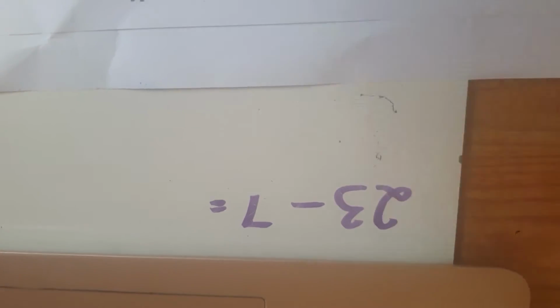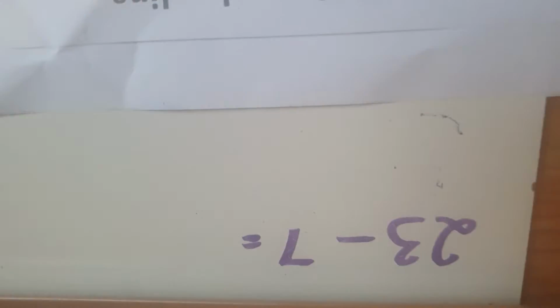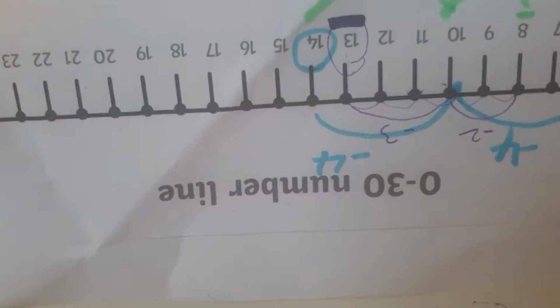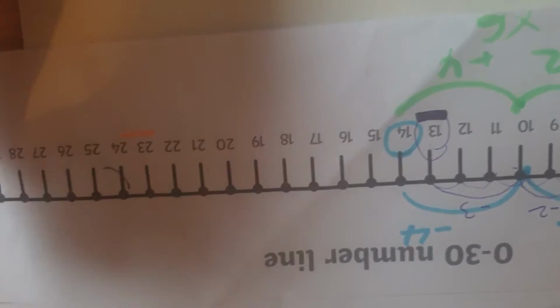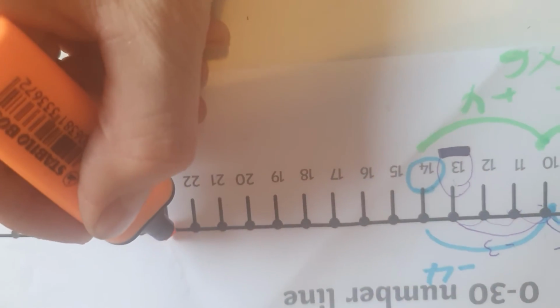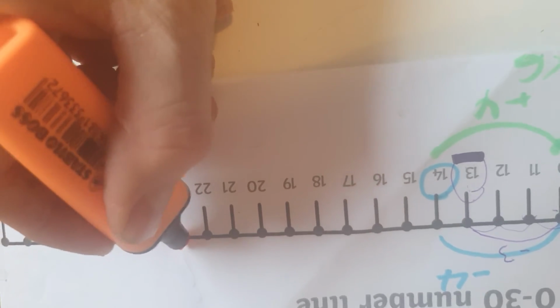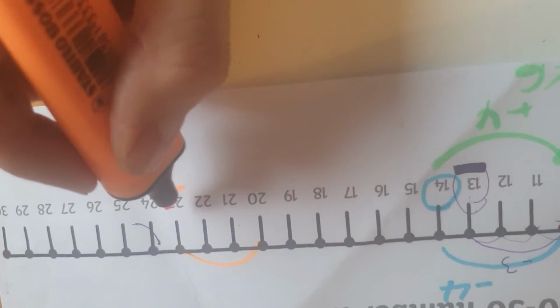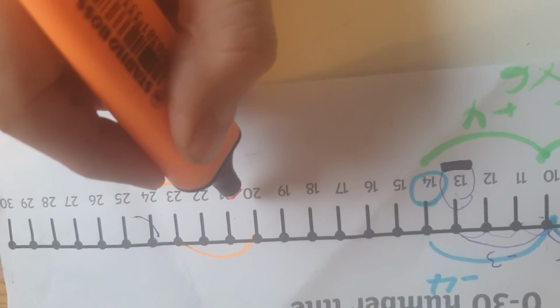So I've got 23 take away 7. Let me use a different colour. So 23. And I don't want to take 7 away one at a time. So I could count back, jump back to my 10, the 10 before 23.